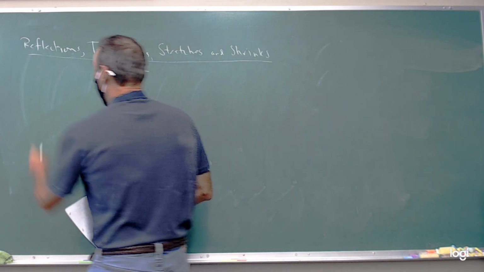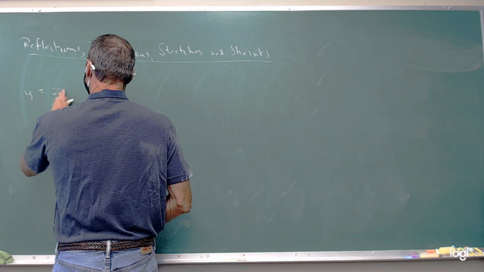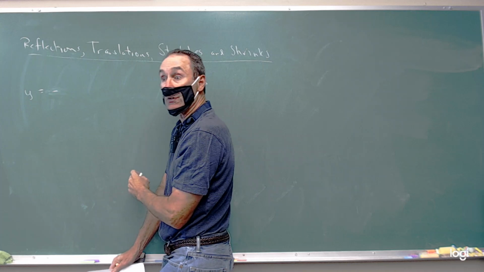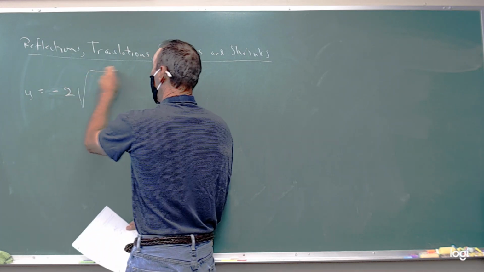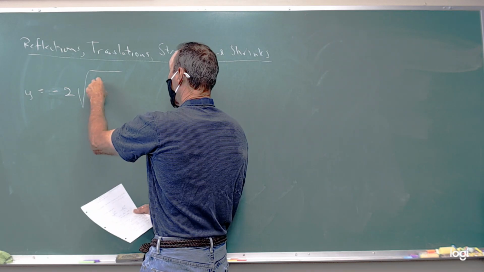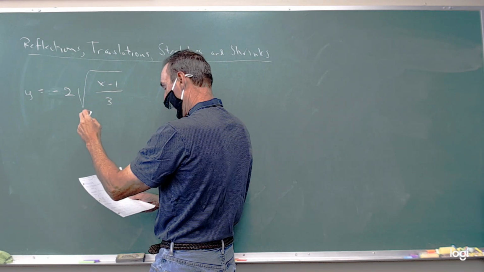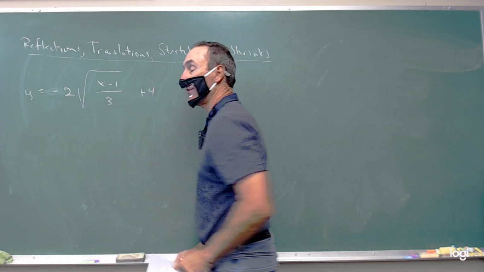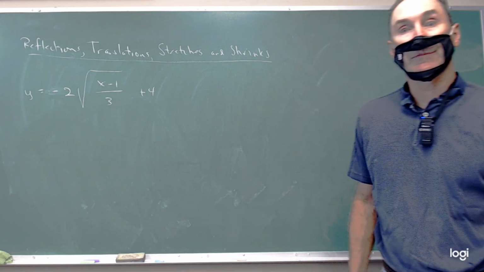So we should, for example, see if we can find our way through this: 2 times, say, the square root of x minus 1 over 3, plus 4. See if we can get some cobwebs out for that one.